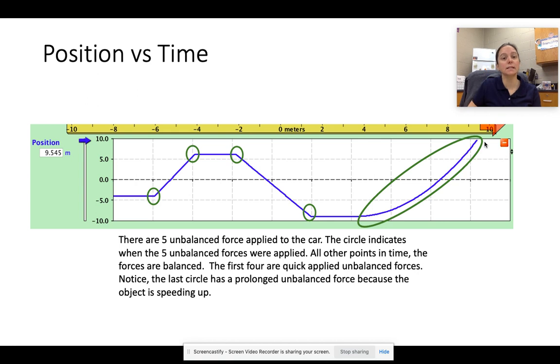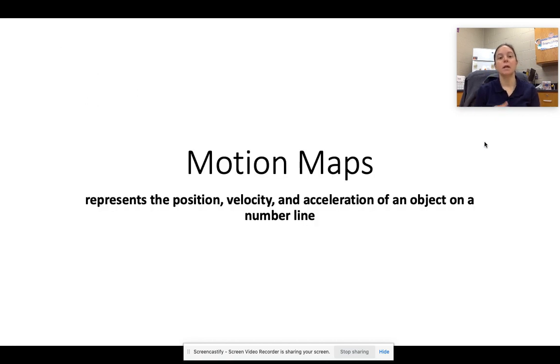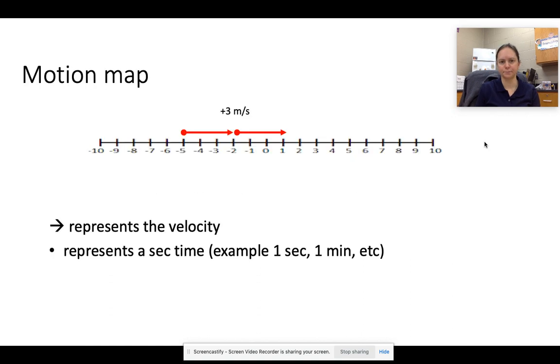So now let's take this and look at a motion map. Remember, motion maps can give us position, velocity, and acceleration, but this time it's on a number line. Just as a quick review, because I know it's been a while, remember the vector represents the velocity, and the dot represents a set time.